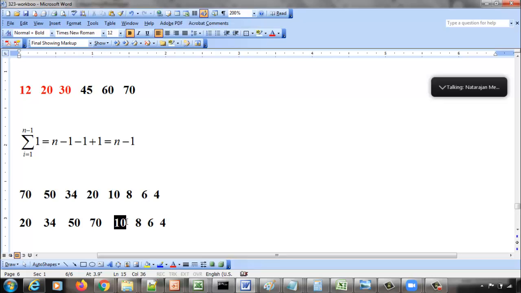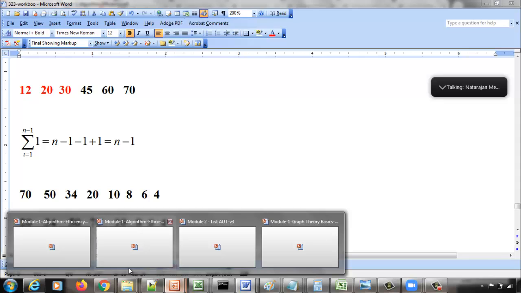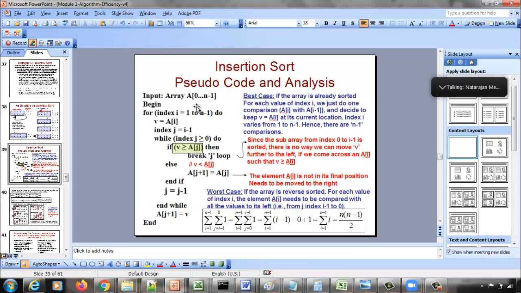Then if I want to insert 10, I have to go all the way to index 0 and then do the insertion. So that's why in the worst case, if the array is reverse sorted, you have to run the J loop all the way from I minus 1 to index 0.